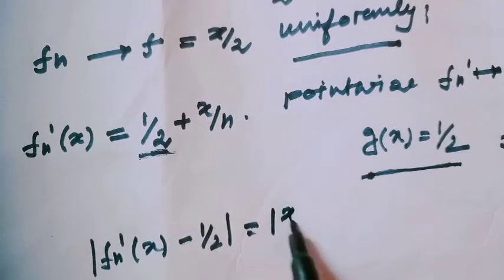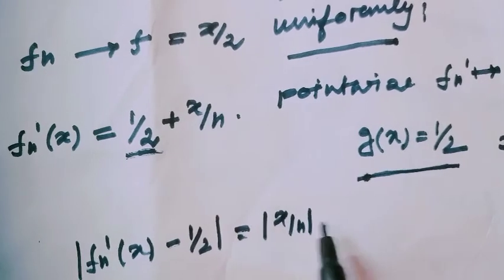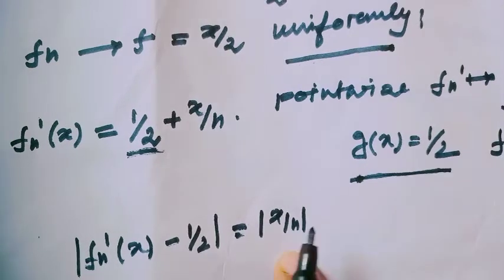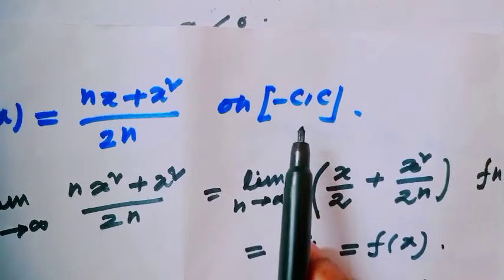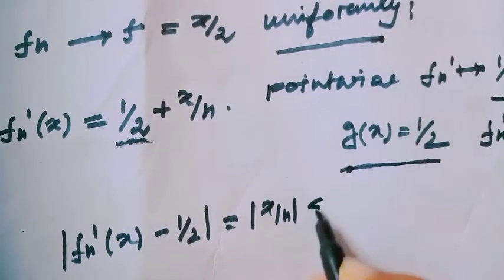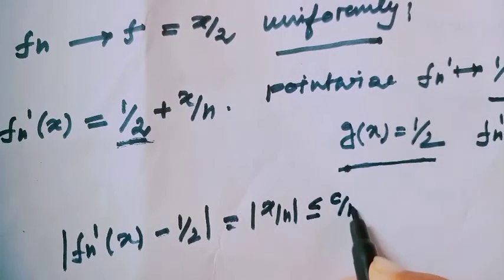Just put the value, and this would be the absolute value of x over n. We have to prove this is less than epsilon. But since Fn is defined on the closed interval minus c to c, obviously this is less than or equal to c over n.